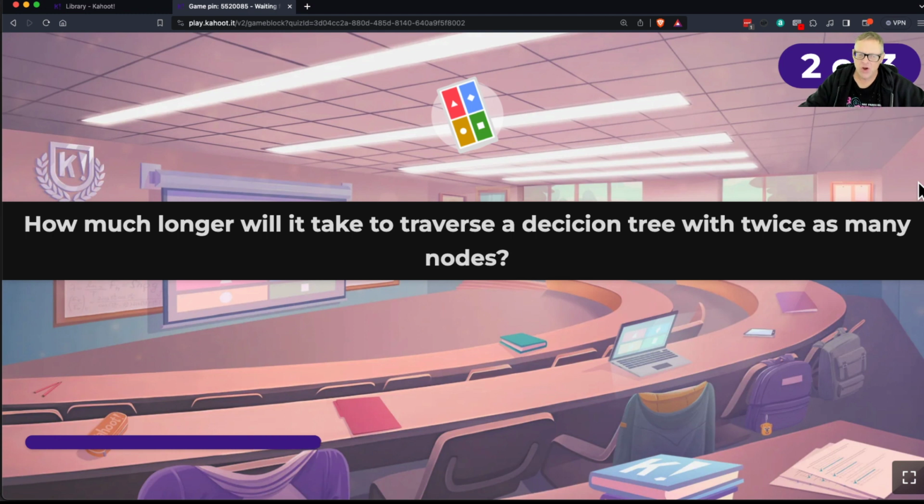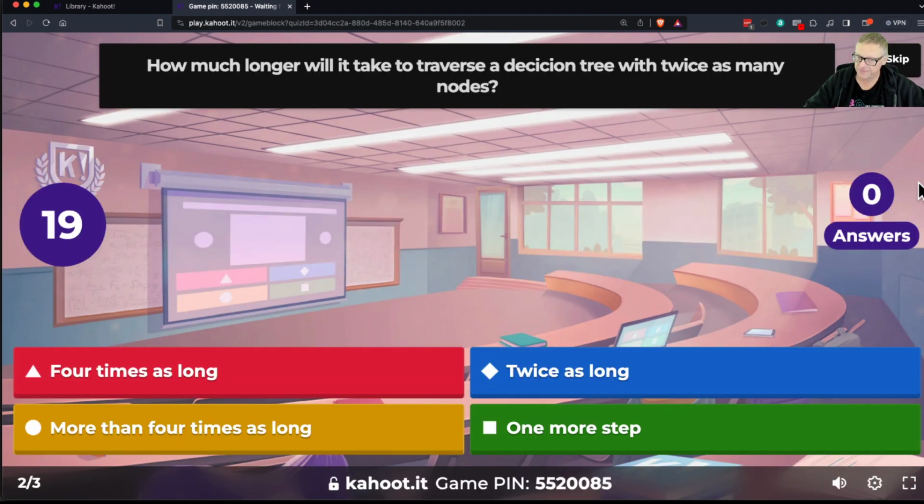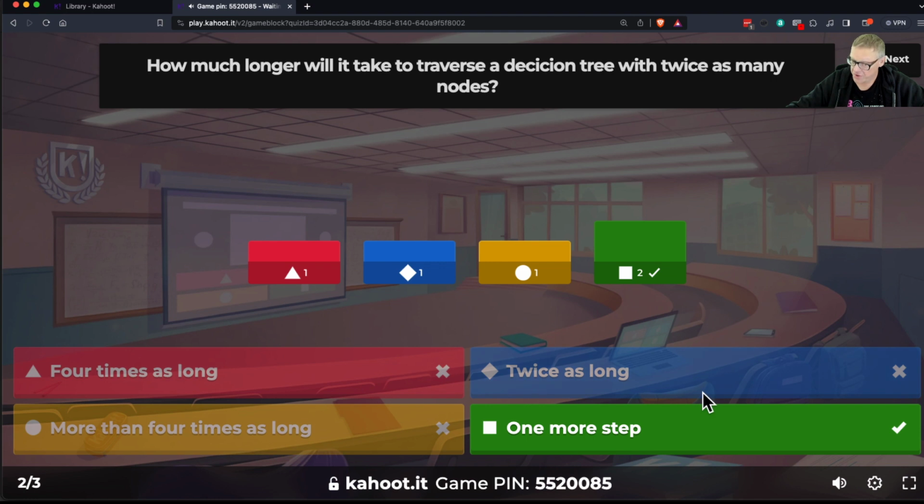How much longer will it take to traverse a decision tree with twice as many nodes? One more step, right?